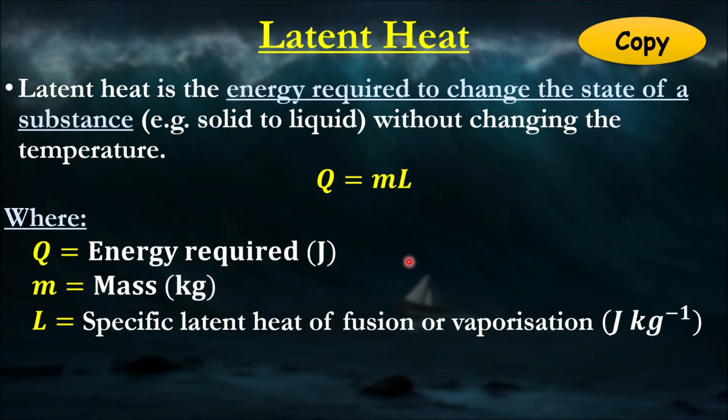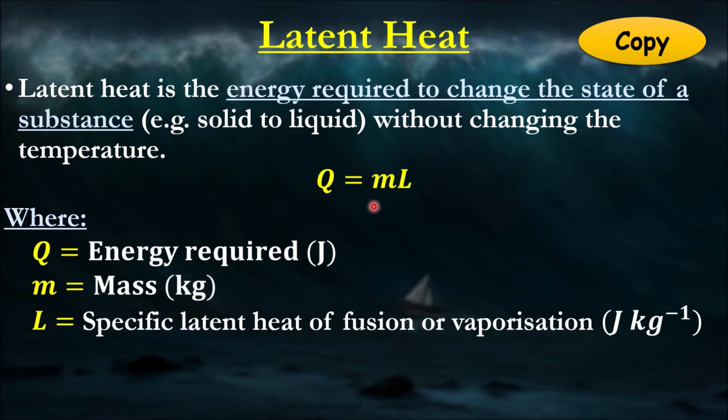The energy required for that separation can be represented by this equation here. So the latent heat is the energy required to change the state, liquid to solid, solid to liquid, liquid to gas, without changing temperature.